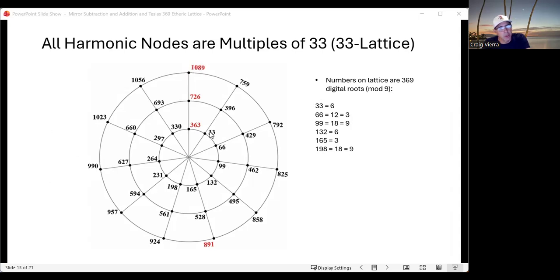When you take these numbers into a single digit between 1 and 9, you see that it's 6, 3, 9, 6, 3, 9 as you go around here. This is consistent with the 3, 6, 9 that Tesla was talking about.